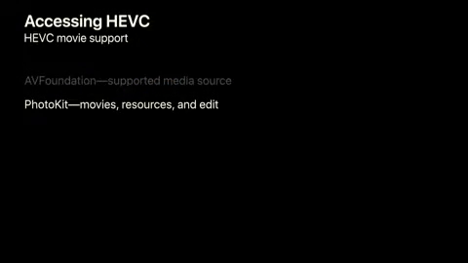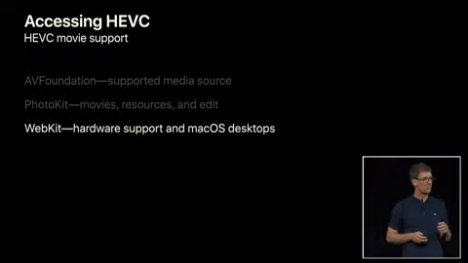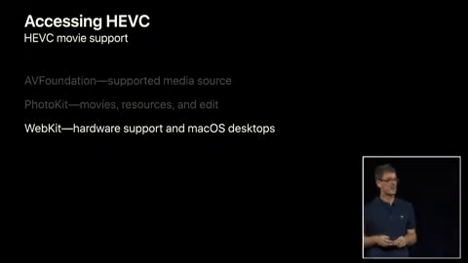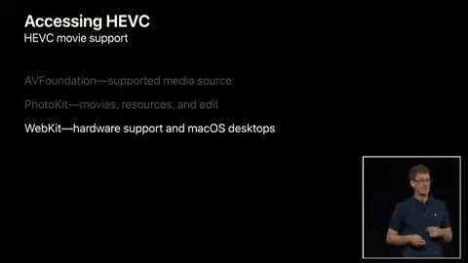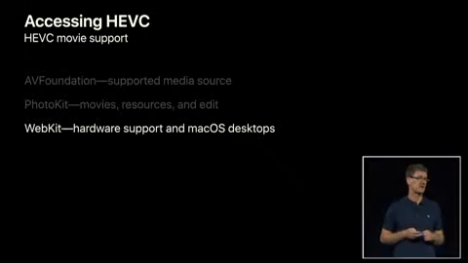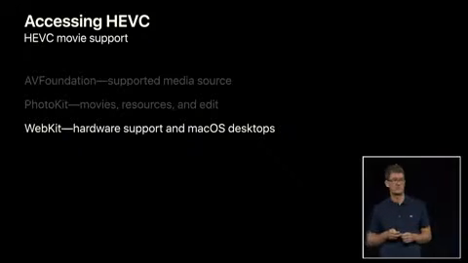Okay, so where do we support HEVC movies? AV Foundation is the primary framework to manage movies, and it supports play, create, and edit workflows for HEVC content. Once again, PhotoKit will vend original HEVC movies. WebKit will also play back HEVC movies, but only on devices that have hardware acceleration and all macOS desktops.